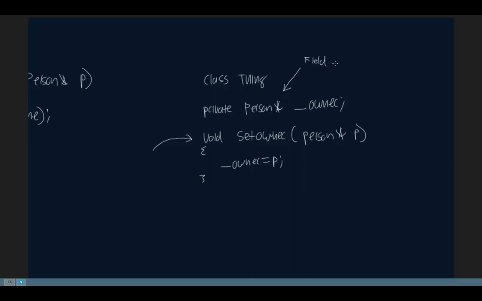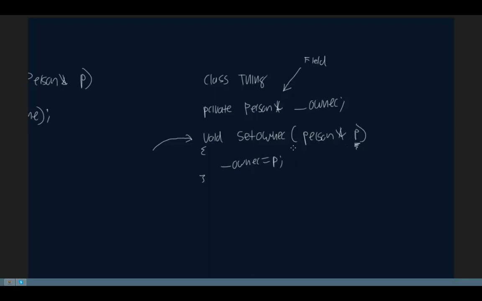This method is incorrect because we store a pointer to something that's more persistent than the method itself. This p variable is not persistent, it's volatile. It's going to disappear the second the set owner stack frame disappears, so we don't need to retain or release this p.